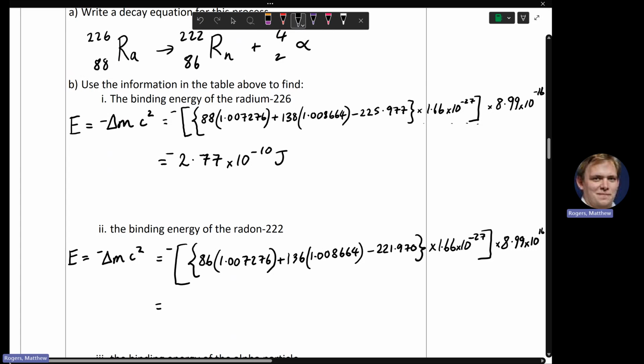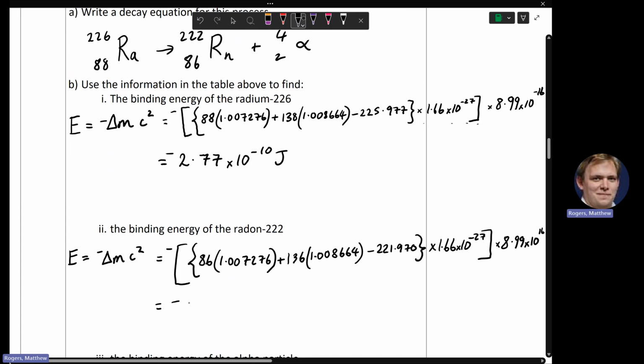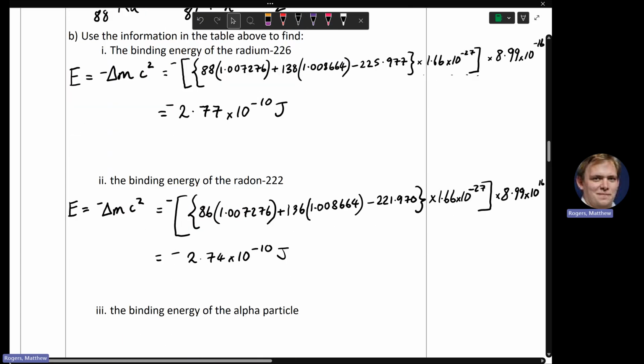Then we multiply by 1.66 times 10 to the minus 27 to get a delta M in kilograms of 3.04 times 10 to the minus 27, and then multiply that by 8.99 times 10 to the 16 to get the energy as minus 2.74 times 10 to the minus 10 joules.